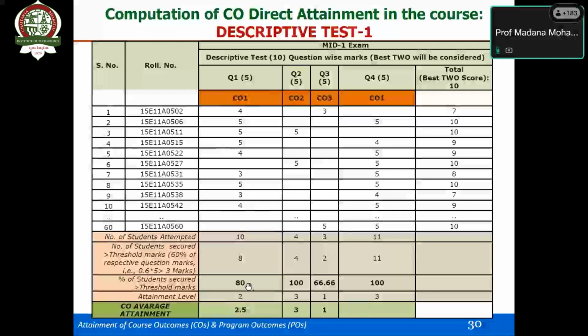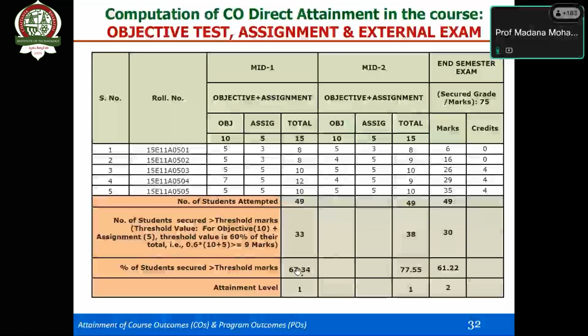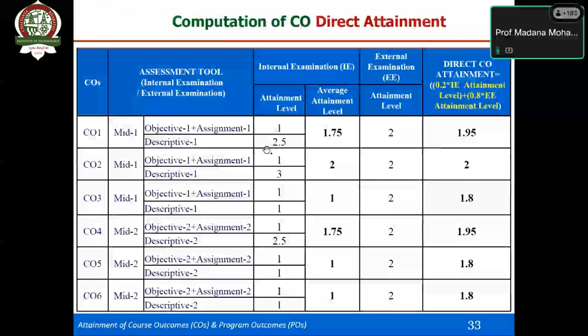Remember this value. For the combination, objective plus assignment, the level is 1. Then the end exam level is 2. So descriptive 2.5, objective plus assignment 1, then end exam is 2.